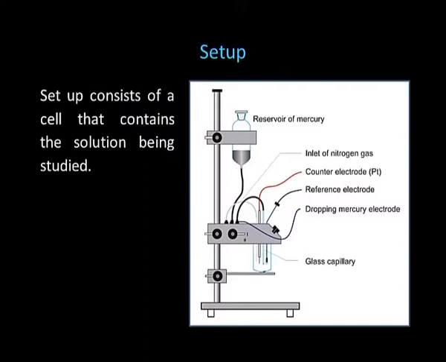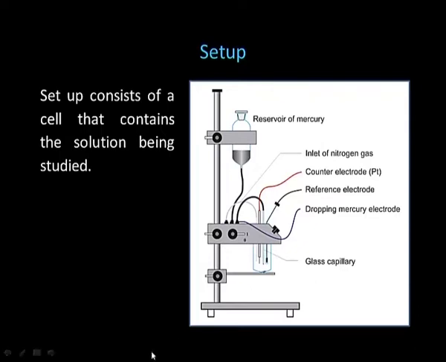Now, if we look at the setup, it consists of a cell which contains the solution being studied. Here you can see we have a cell which possesses 3 electrodes.